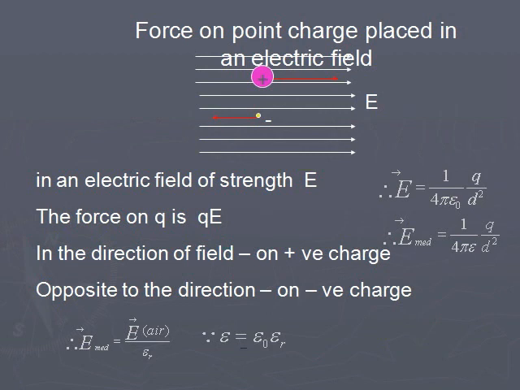By substituting epsilon naught epsilon r for epsilon, we get the electric field strength in a medium as E_r equals E, the field strength in air, by epsilon r. So this is the relation between field strength in a medium and in vacuum.